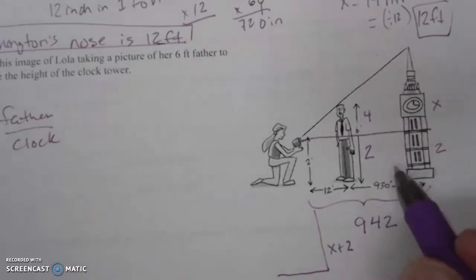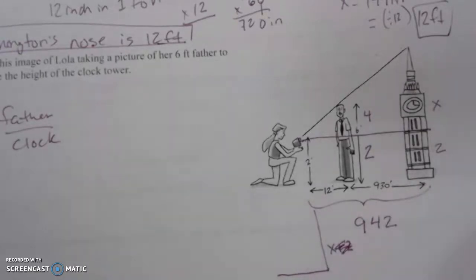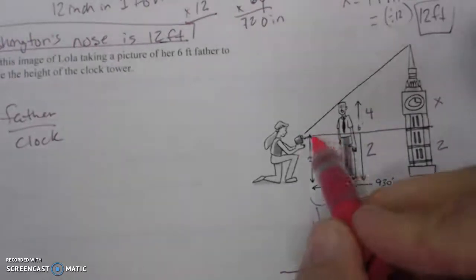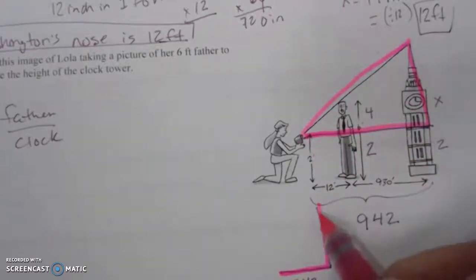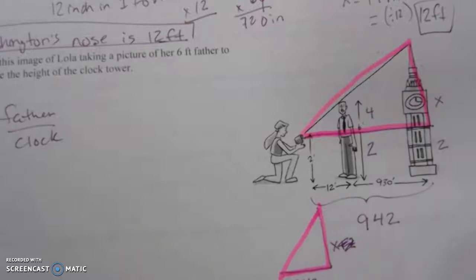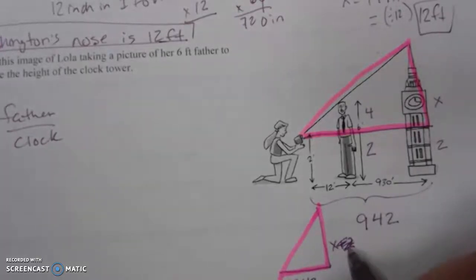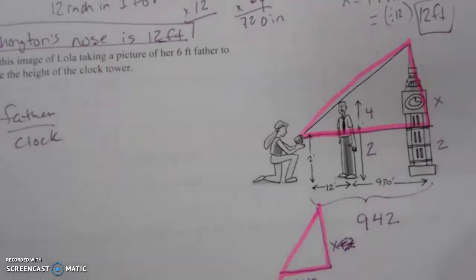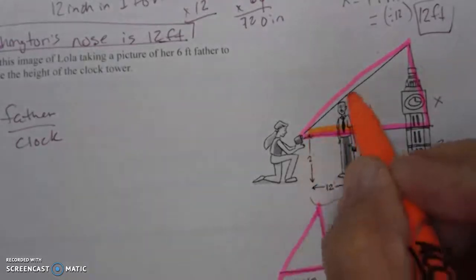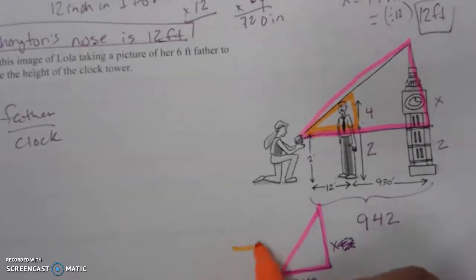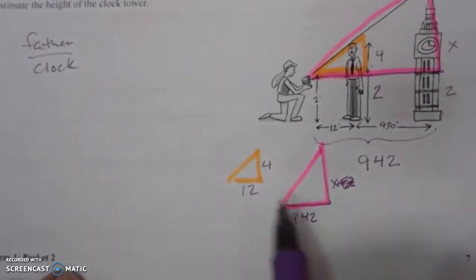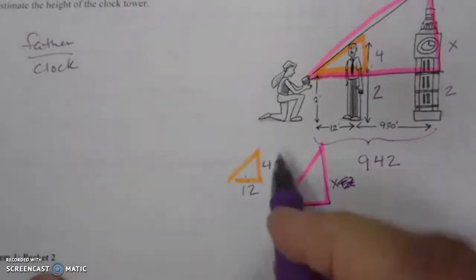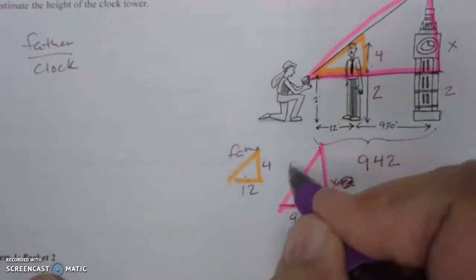Or, you know what, I'm just going to do x, and we'll use this triangle right here. This is x, so that's this triangle, 942 and x. When we get our final answer, we'll just add 2 feet to it. And then my second triangle is this little triangle right here, and we know that it's 4 feet tall and 12 feet wide. So we're going to look at these two triangles. This is the father, and this is the clock.